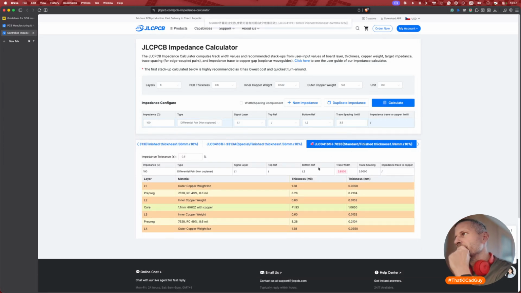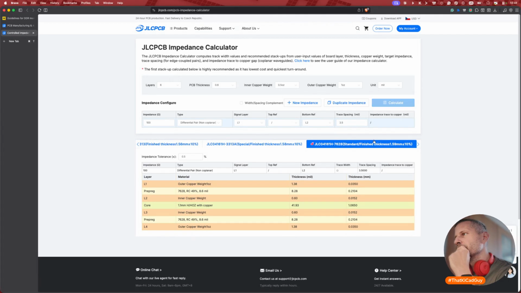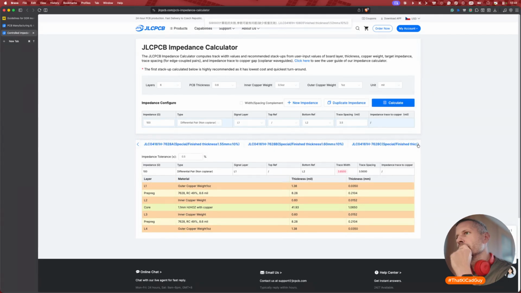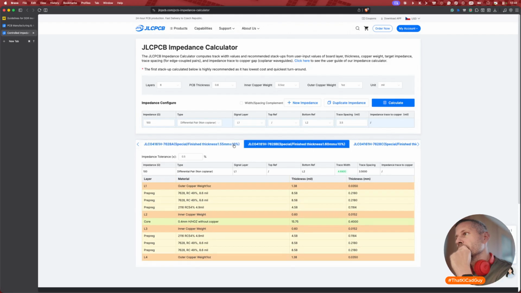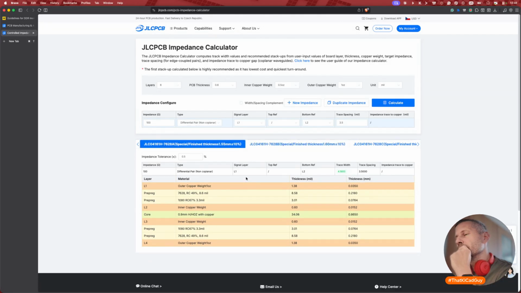This stack up. This stack up looked good. But the track width is still too wide. But not so much. With this stack up, it should work.